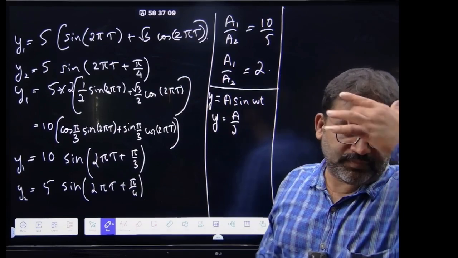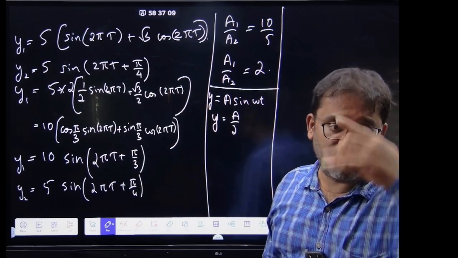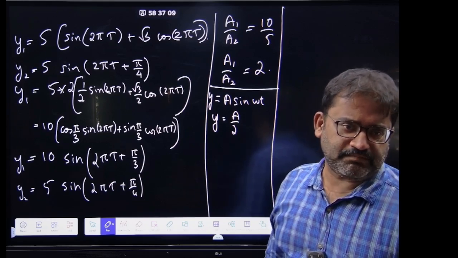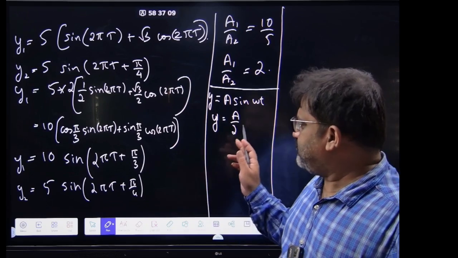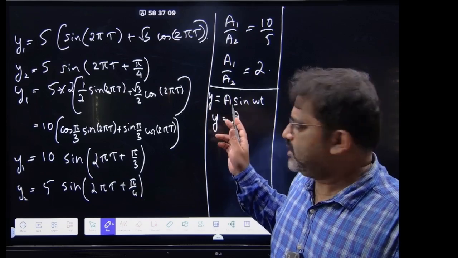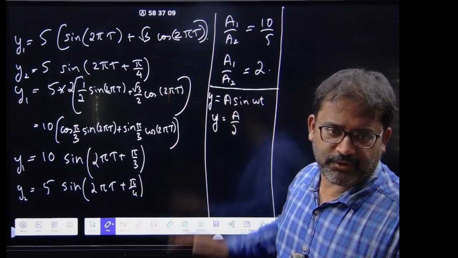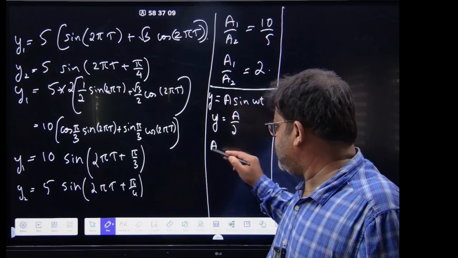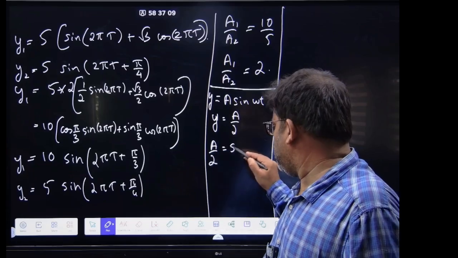What is A by 2? Because the displacement is from mean position to half of extreme position, and extreme position is the amplitude, here the displacement is half the amplitude, that is A by 2. That means A by 2 is equal to A sin ωt.